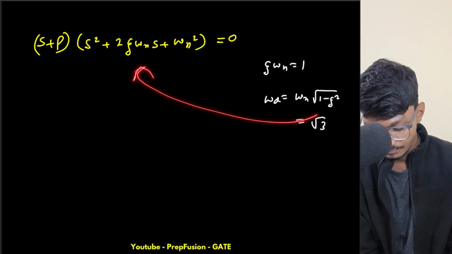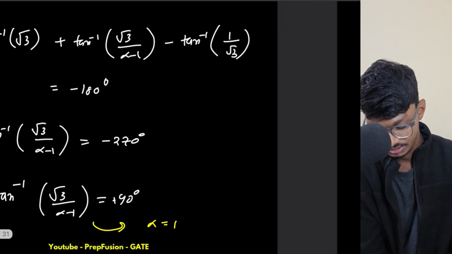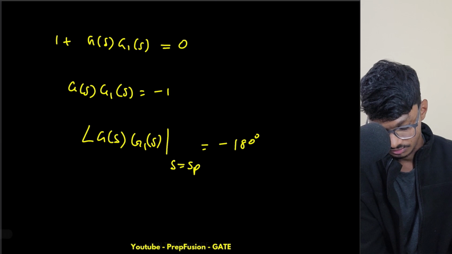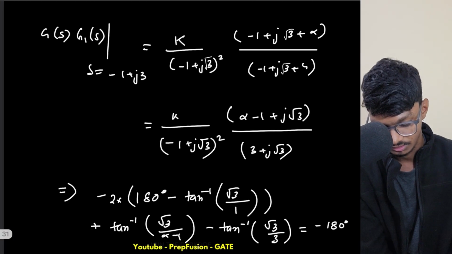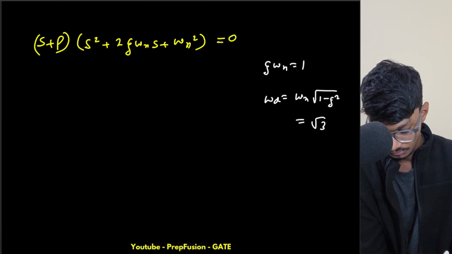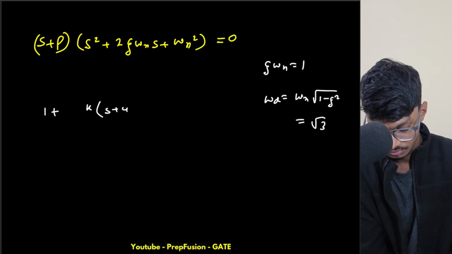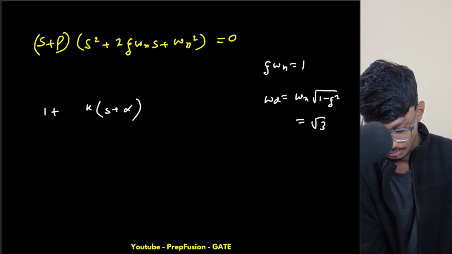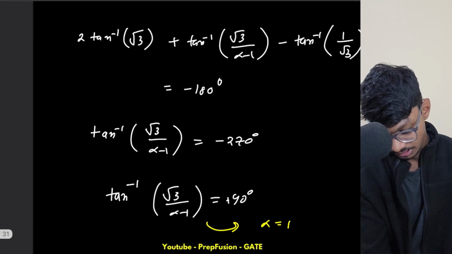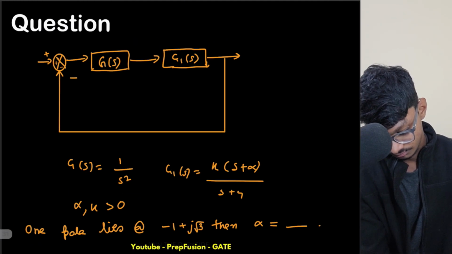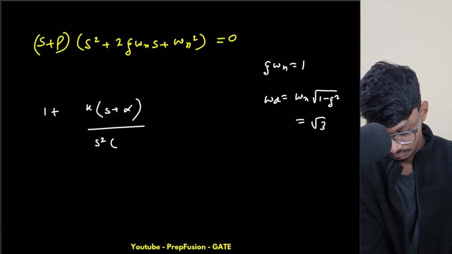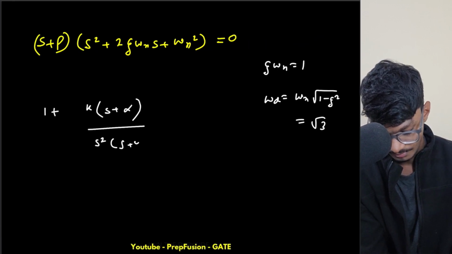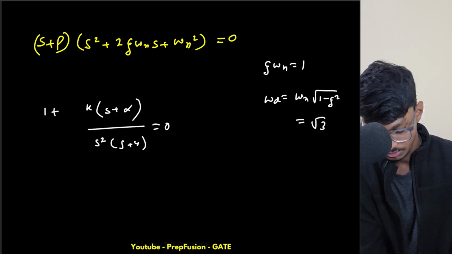Then you put it over here and you equate this equation with this equation, 1 plus g of s into g of s. So basically what you will do, this will be 1 plus k into (s plus alpha), sorry, not s plus 4, s plus alpha, by s square into (s plus 4) equals to 0.